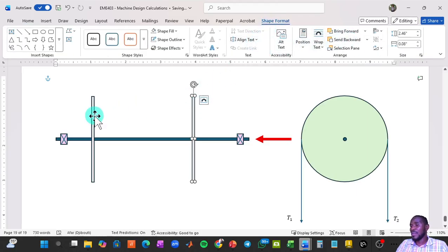This one had a diameter of 600 millimeters, right? This one has a diameter of 400 millimeters according to the question. So I will reduce the height, let's just reduce it to about 1.9 inches.